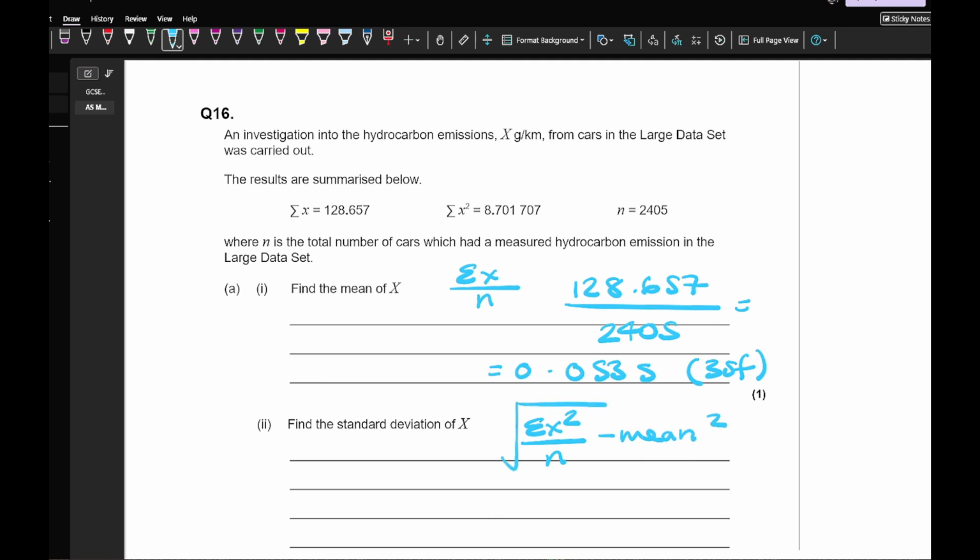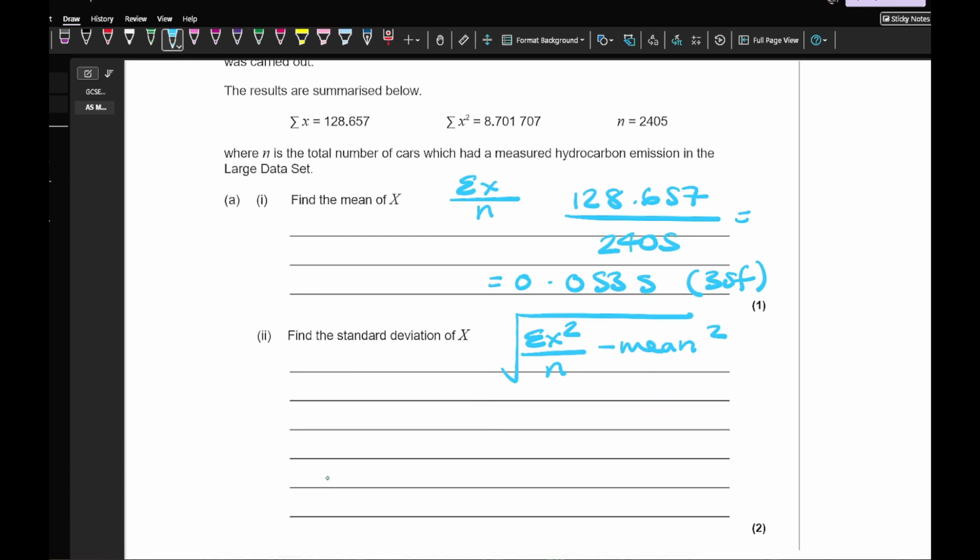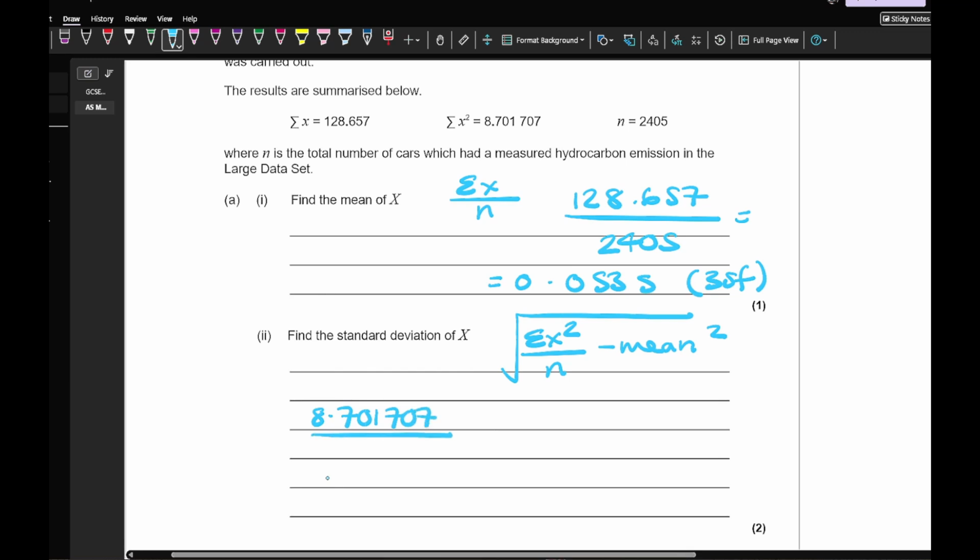So using the values from the table, I get 8.701707 divided by 2405 minus 0.0535 squared, all square rooted.